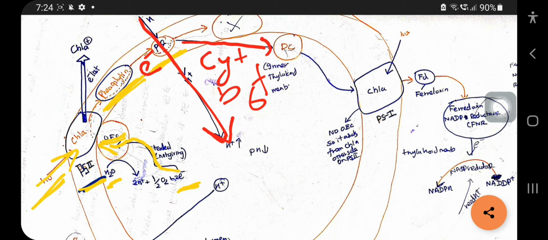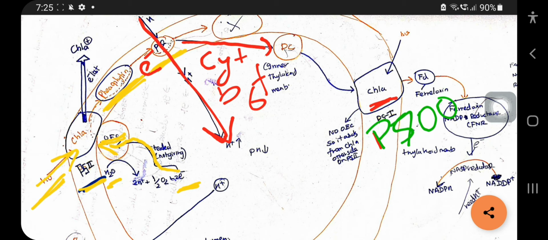Next, the plastocyanin will move its electron to chlorophyll A, that is P700, PS1. The main thing here is that PS1 does not have an oxygen evolving complex, so it cannot obtain its own electron by excitation.